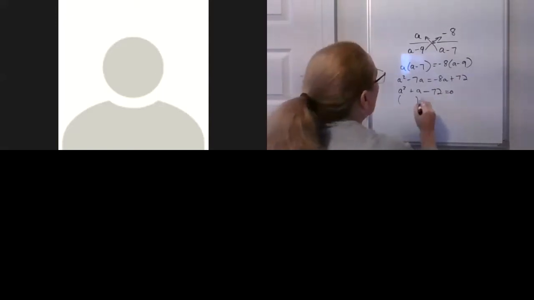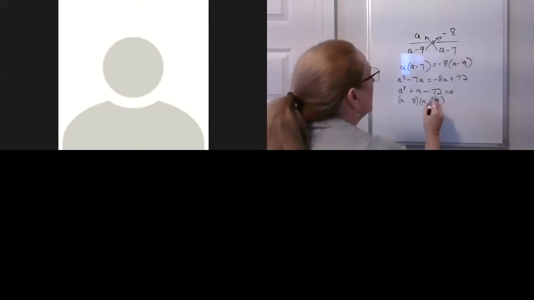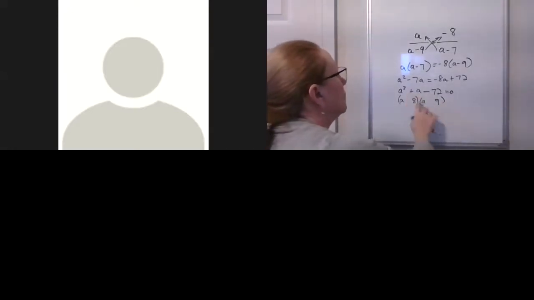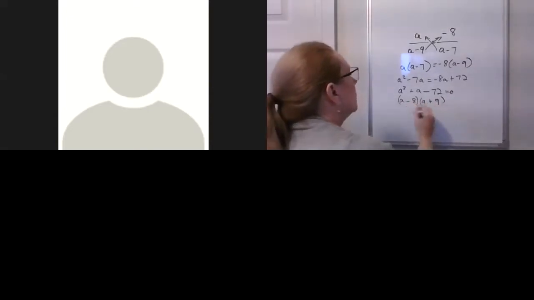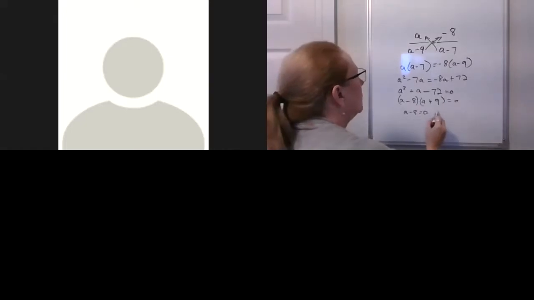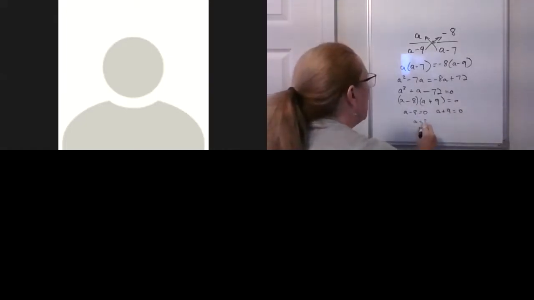Factor it out. A, 8 and 9. Multiply to 72. Different signs. The highest one should be positive. So now a minus 8 could be 0. A plus 9 could be 0. So a could be 8.